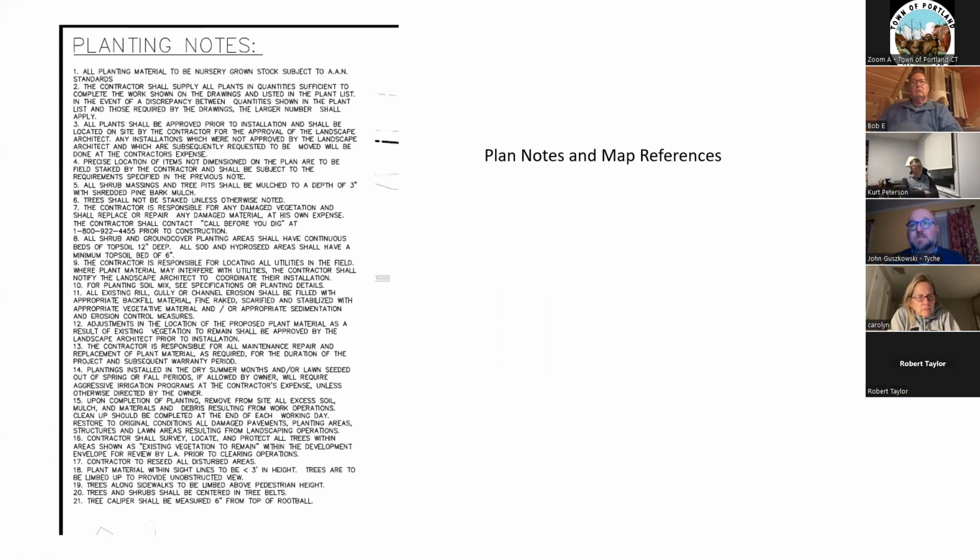And on something like this, as part of a formal plan set, these are all legally binding. If the applicant submits this for planning and zoning, a special permit review, or as part of a variance review, this is part of the formal record. This is part of the formal application. So each of these notes, insofar as they represent something that the applicant has to do or is responsible for, are legally binding.